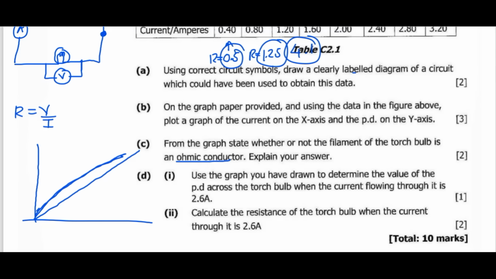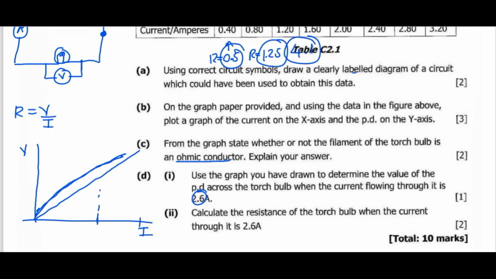Then D1, using the graph you have drawn, determine the value of the potential difference across the torch bulb when the current flowing through it is 2.6. So from this, using the data, plot the graph of current on the x-axis, then potential difference, voltage, is on the y. What this means is you need to go where there is 2.6.